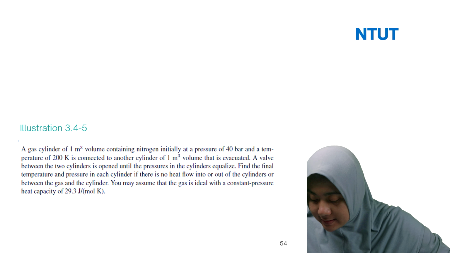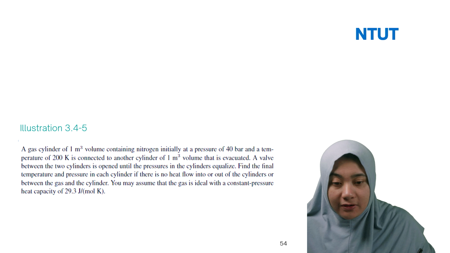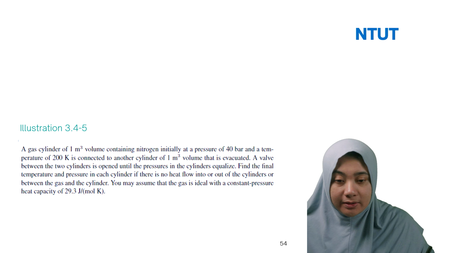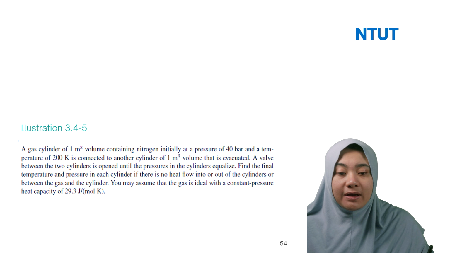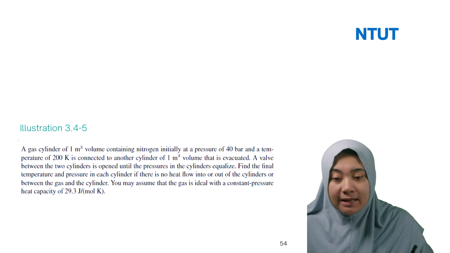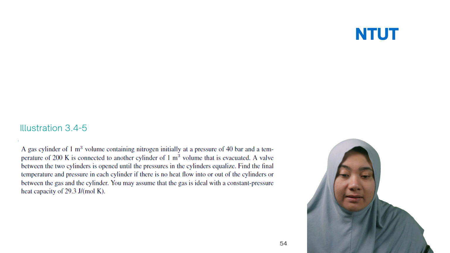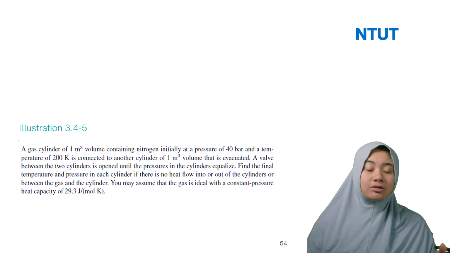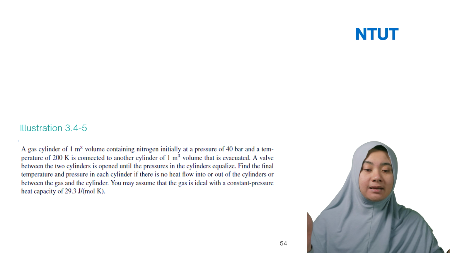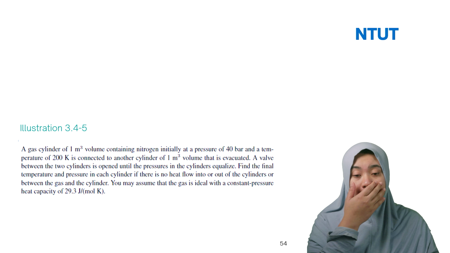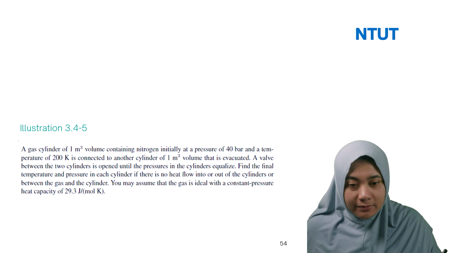This is interesting. We have a gas cylinder of 1 meter cubic volume containing nitrogen. Initially, you have the pressure 40 bar and the temperature 200 K, connected to another cylinder. So you have two cylinders connected to each other, and the other 1 meter cubic volume is evacuated.